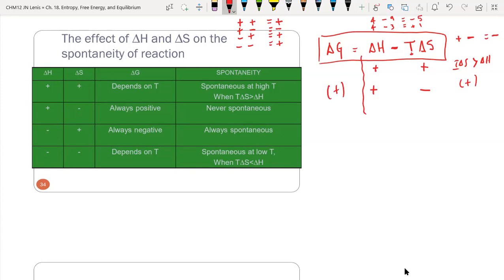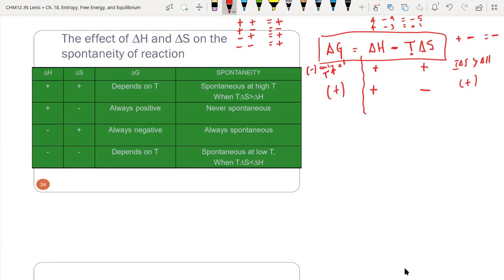In the previous case, delta G will be negative only at high temperatures. And this combination will always give you positive delta G, that means never spontaneous.